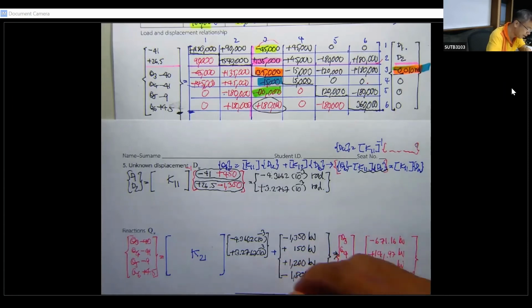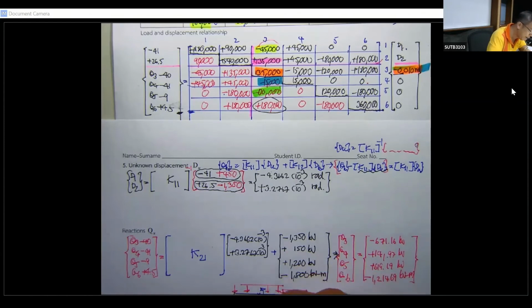This one, 3 and 1.5, cut over here, and this one and this one under application of this 6 kilonewton meter, and this one for 12 kilonewton meter, and also the moment over here for 20 kilonewton meter.